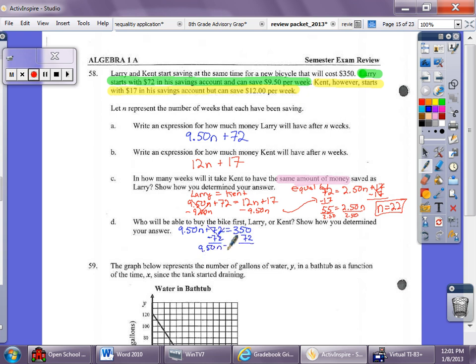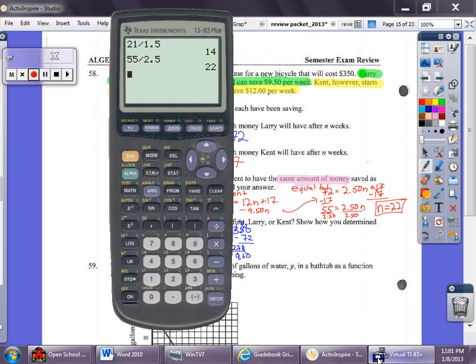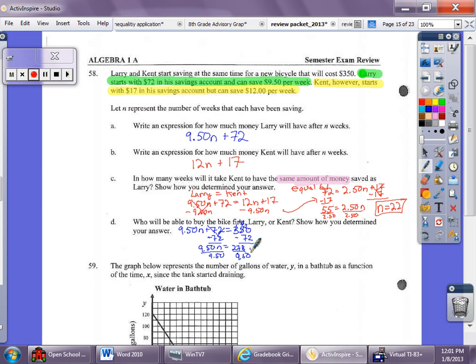So 9.50n equals 278, divided by 9.50. It'll take Larry about 30 weeks to save enough money. So n is about 30.